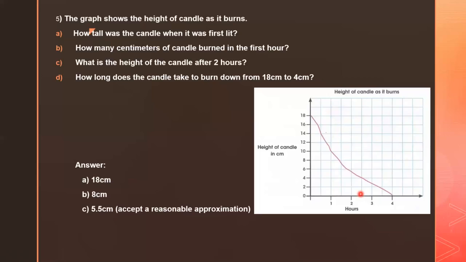In between 2 and 3, the mid time is 2.5 hours or 2 hours 30 minutes. Here also we are taking a reasonable approximation, because we can't say it exactly. But it is almost 2 hours 30 minutes. So this is about the fifth question. Hope this is clear for you.